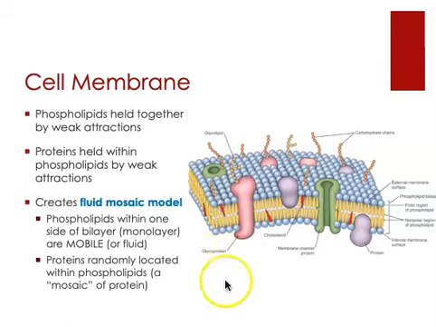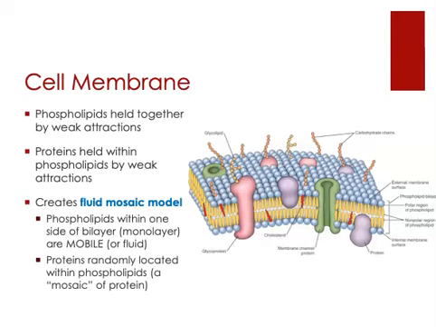They're held together by weak attractions. And that's what allows membranes to be very fluid, very flexible. The proteins that we find inside membranes are also held there by weak attractions. They're sort of floating in the membrane. It's a very flexible structure. It's a very fluid structure. It's what we now refer to as the fluid mosaic model.